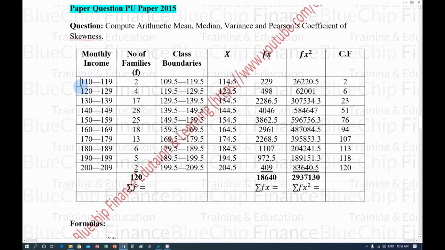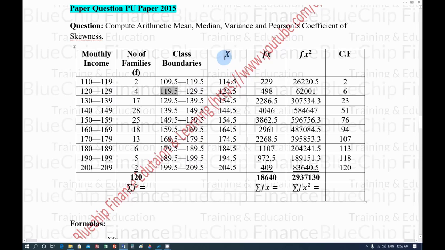Subtract 0.5 from the left side and add 0.5 to the right side, and the result will be the class boundaries. So 110 minus 0.5 equals 109.5 and 119 plus 0.5 equals 119.5. Similarly, 120 minus 0.5 is 119.5 and 129 plus 0.5 is 129.5, and so on.